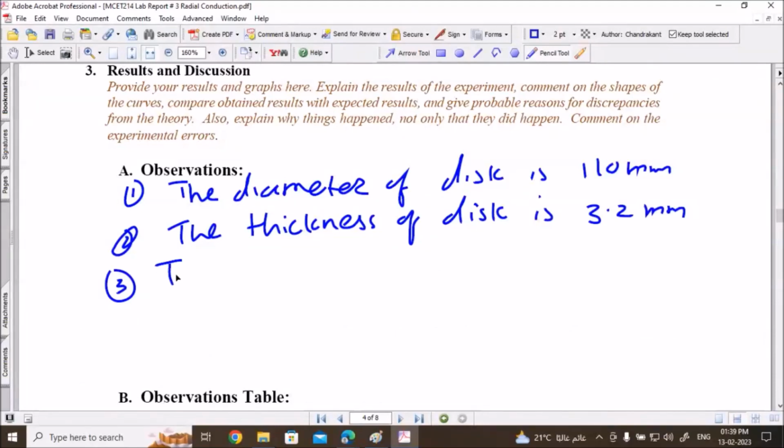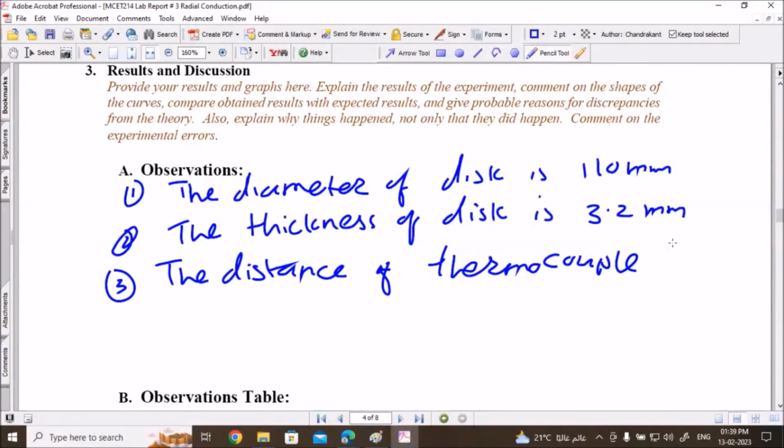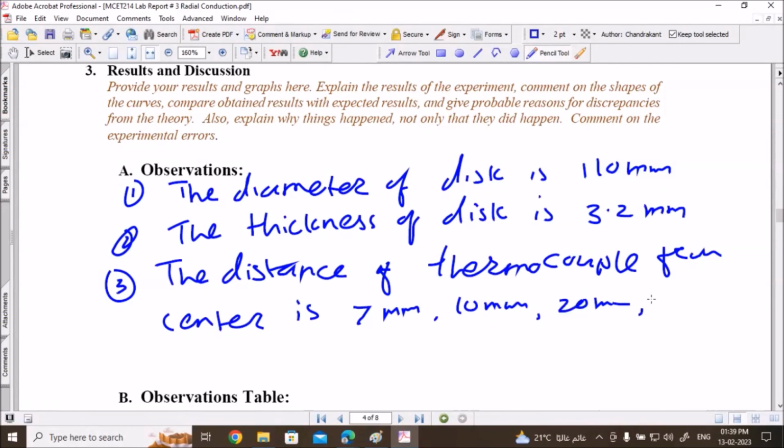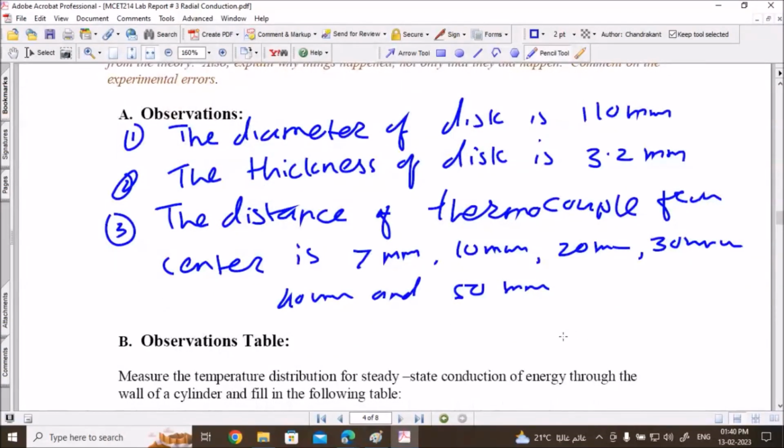The distance of thermocouples from center is 7 mm, 10 mm, 20 mm, 30 mm, 40 mm, and 50 mm. Now these are the observations given to you.